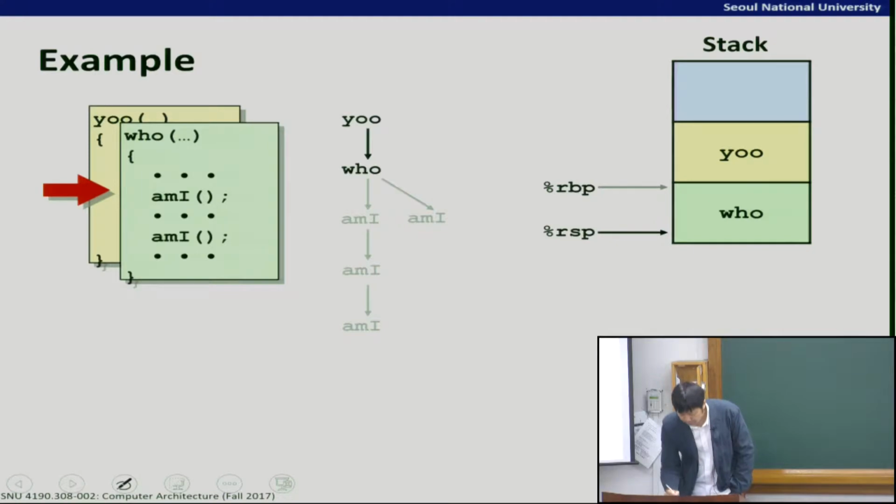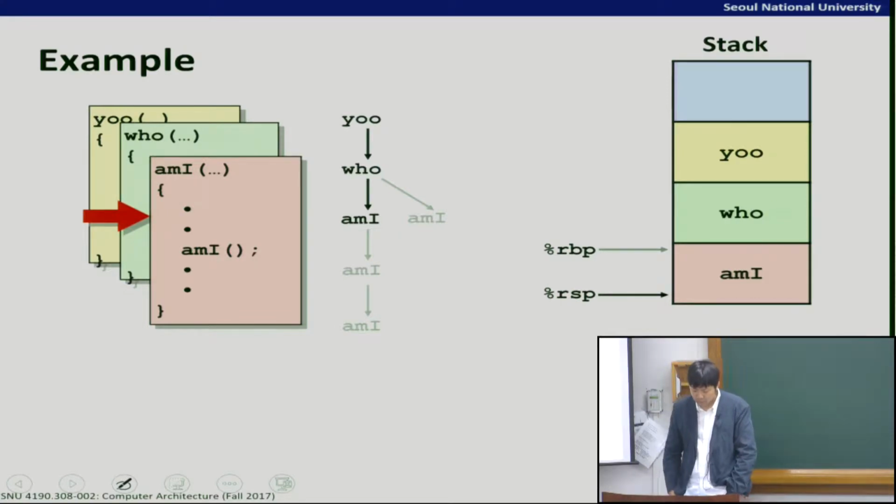And we first execute this mi function. So now we move on to the mi function. Then the new stack frame is allocated, which is shown in red. So we create a new stack frame for the mi function. And inside the mi, this one calls itself again, mi.